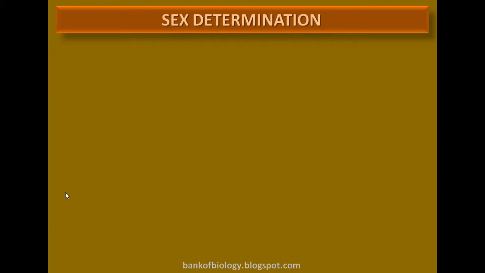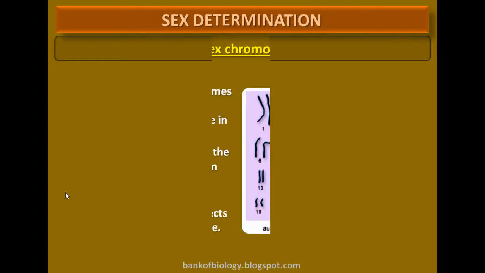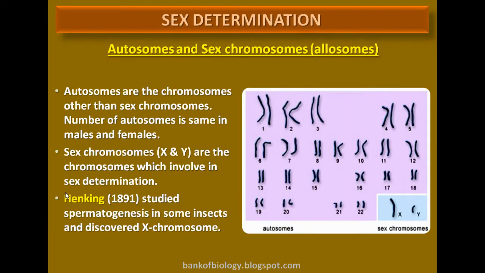bankofbiology.blogspot.com. In this video, I will be discussing sex determination. In every human being, in every individual, every organism, we have two types of chromosomes. One are autosomes and another are sex chromosomes, also known as allosomes.